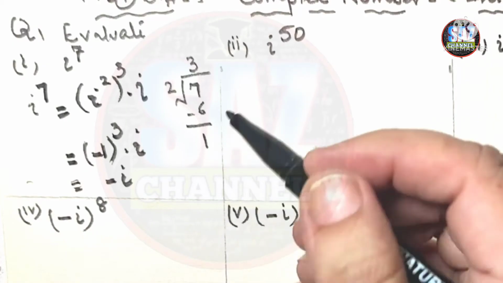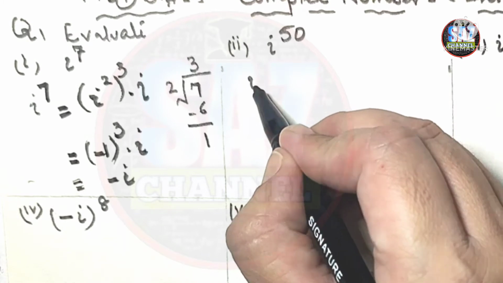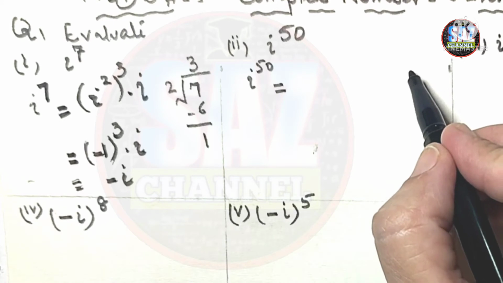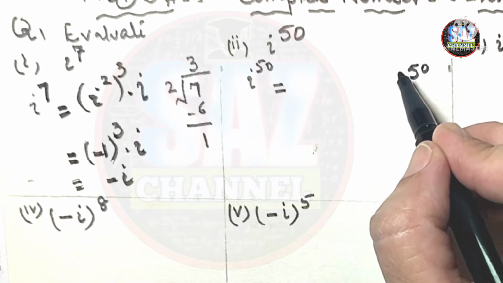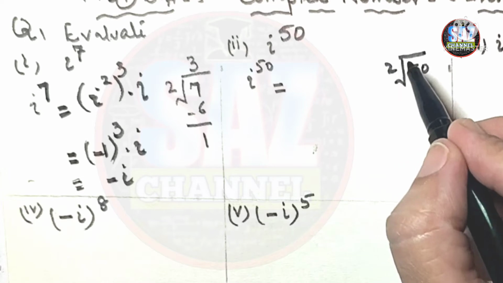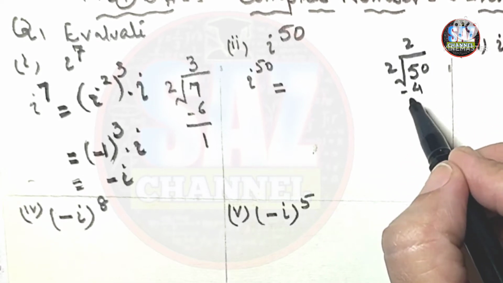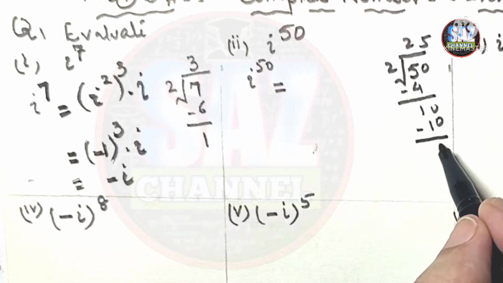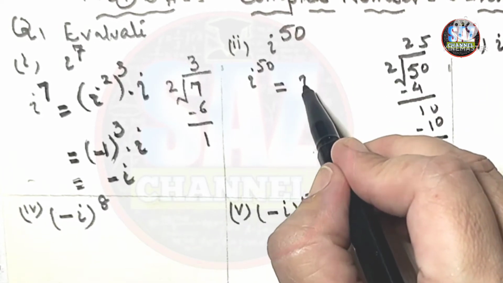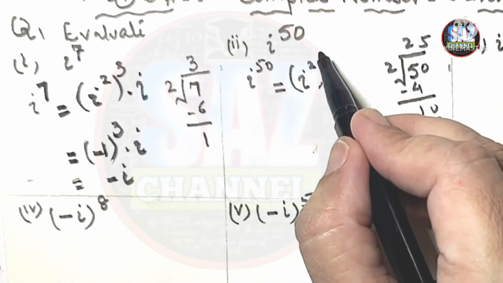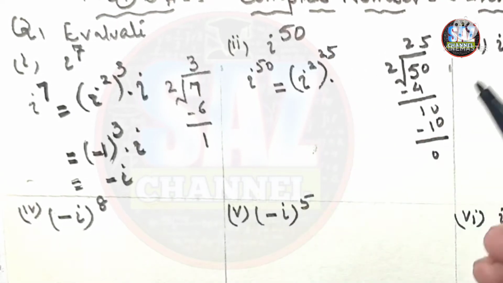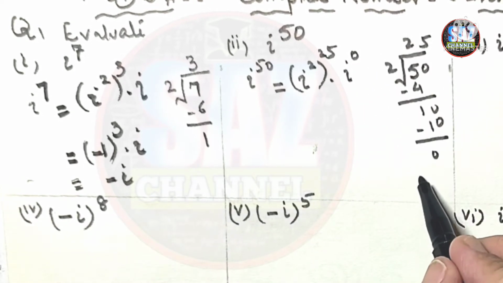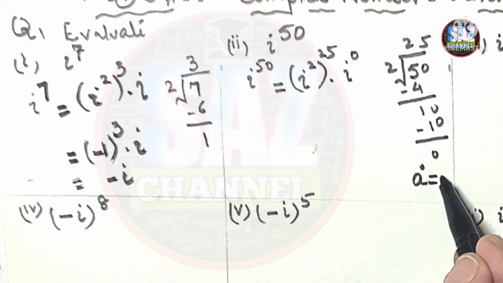Moving to part B, iota raised to power 50. I hope, students, you are clear about what to do with whatever power is given. First divide it by what? 2. 2 25s are 50, and the remainder is 0. So we will write it as iota square raised to power 25, dot stands for multiplication, iota raised to power 0, and any number having index or power 0 is always 1.